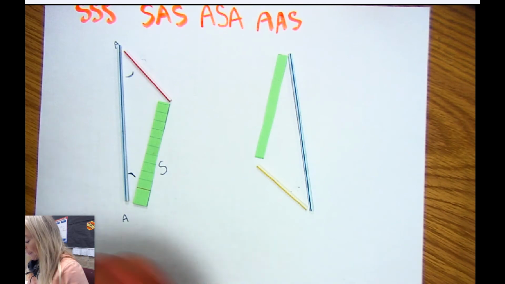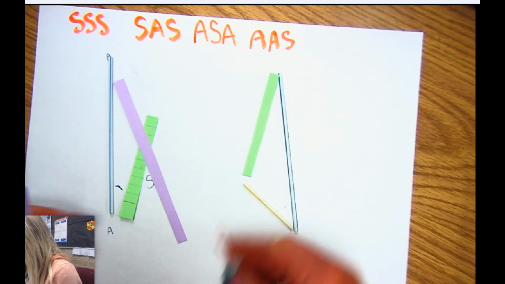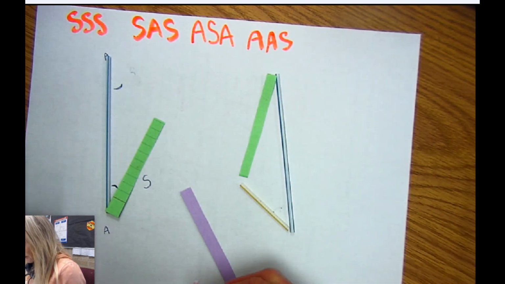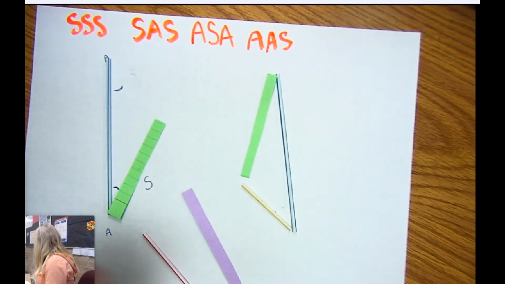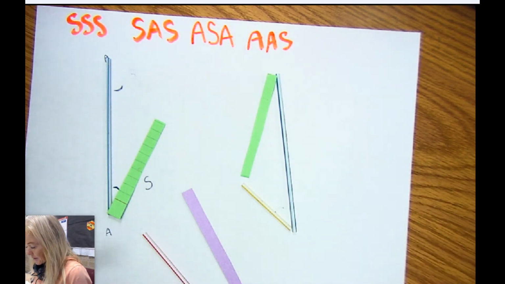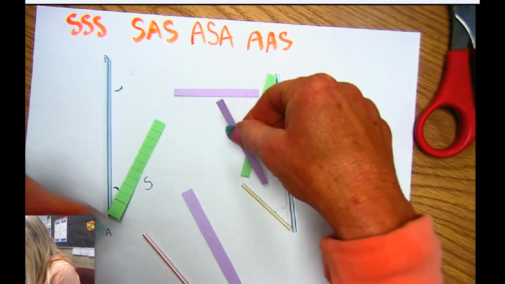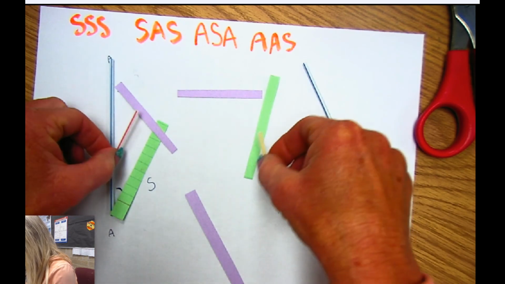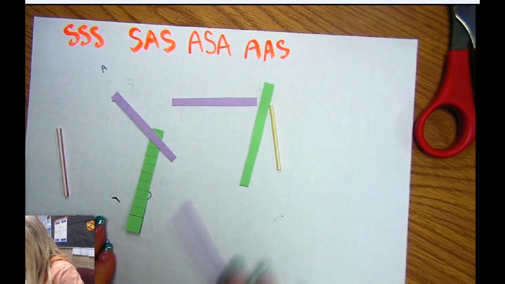But I'll see if I can do it with these. I'm not sure. Or maybe I'll cut these in half. It's kind of funny how sides and measures have to be the same. All right, I can't use my big long ones when I'm dealing with the rights.